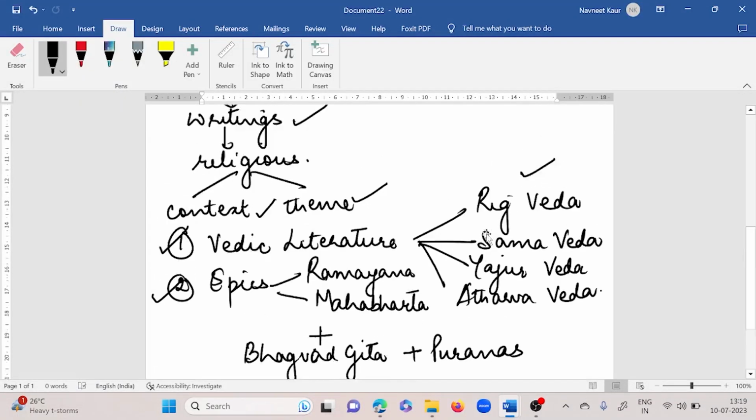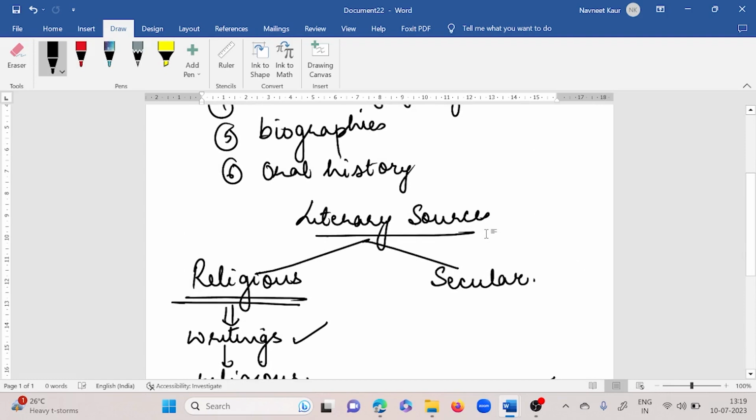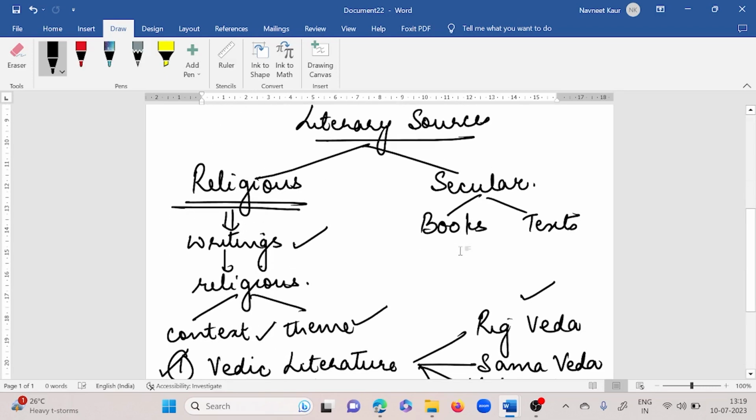Now coming to secular literature, right? Secular literature is basically books or texts that are not religious, like Kautilya's Arthashastra.